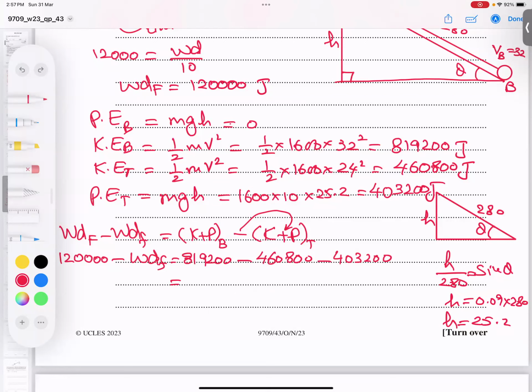So 819200 minus 460800 minus 403200 and minus 1, 2, 4 zeros. I'm getting here negative 164,800, and this negative and negative cancel out, and we got work done by friction force, 164,800.